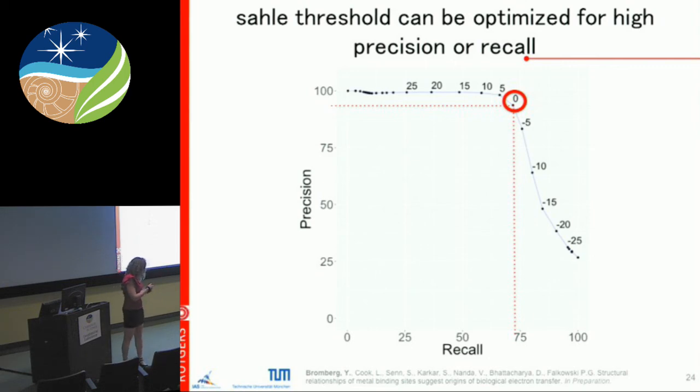The idea here is very simple. This is the best balance. That's how we optimize the curve, to have the best balance between recall and precision. But if I wanted to be 100% sure of everything I called, I would just go left here, and pick a different threshold for my cutoff. Okay, so this is cool.